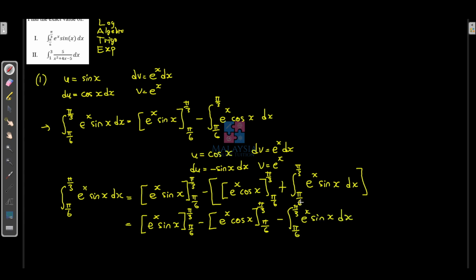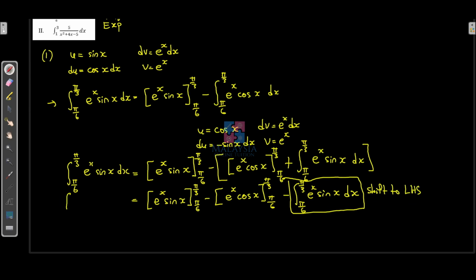This is the one that we are going to shift to the left-hand side. After we shift to the left-hand side, the coefficient of this integration is 1, and the coefficient of the other integration is also 1. So when you shift to the left, it is going to be 2.